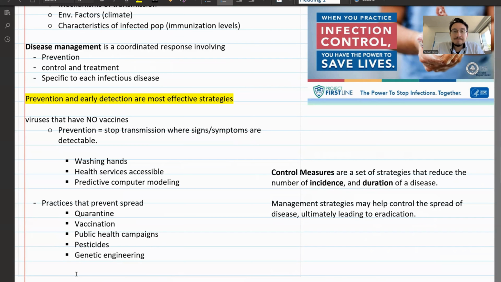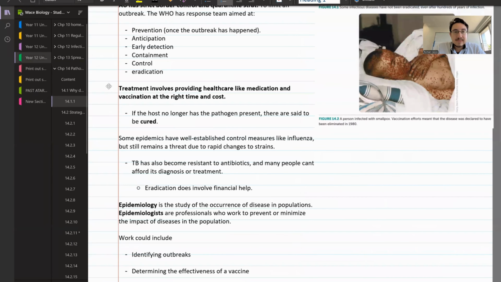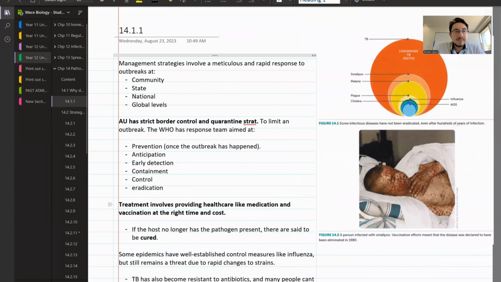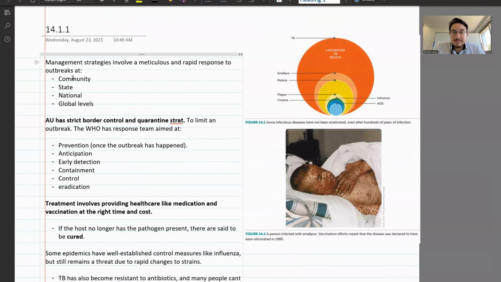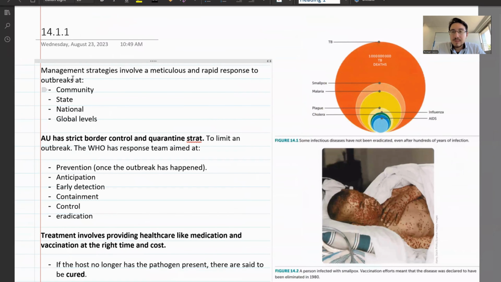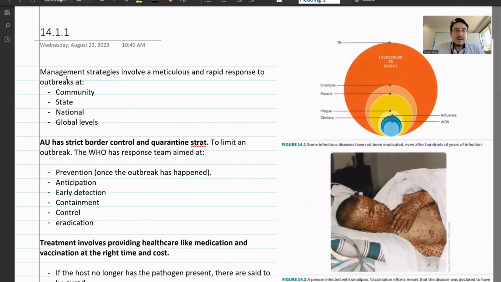Okay. Ultimately, you want to reach a level that you can eradicate, right? Basically make the whole disease disappear, right? This is referred to as eradication. All right. So we're going to take a look at that. Okay. So there's a little bit of context again, right? In terms of strategies, right?